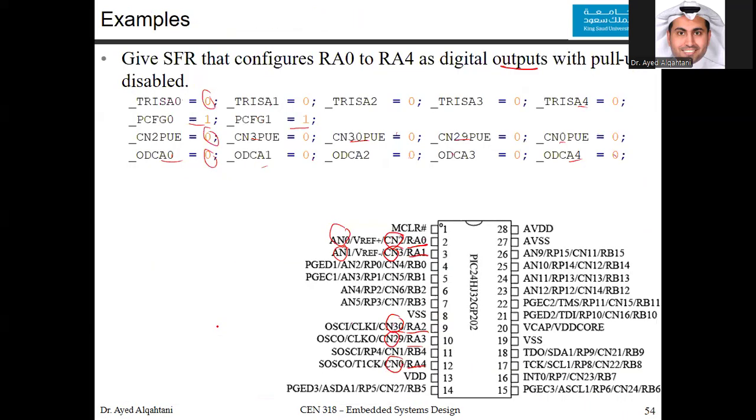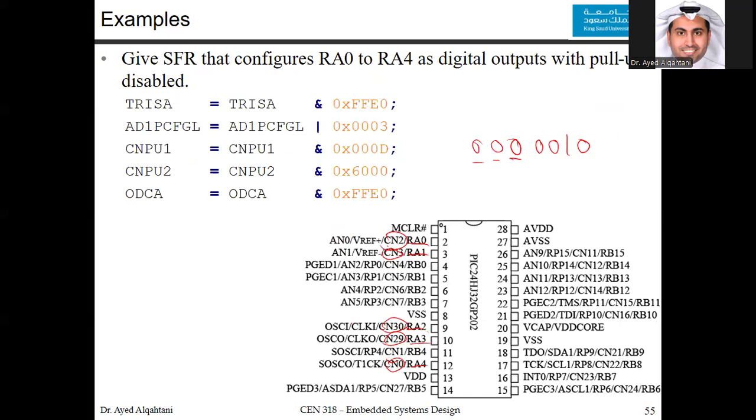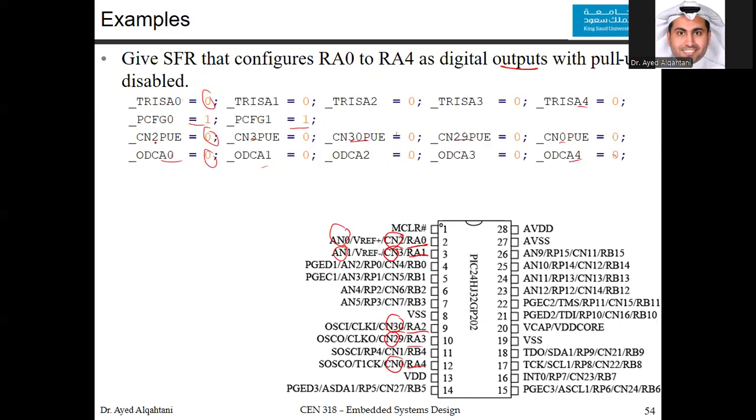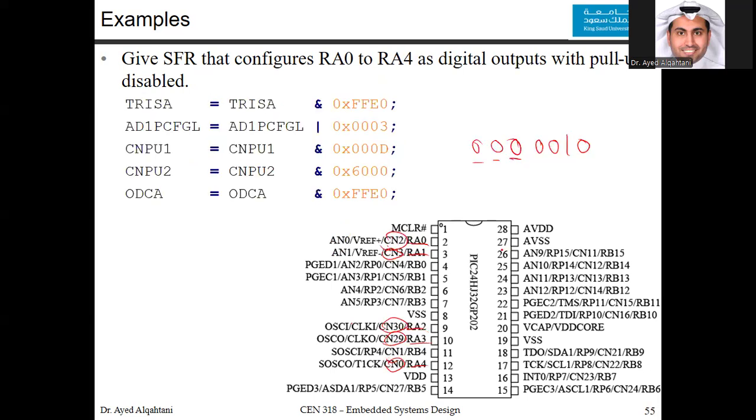So this way, just to match what we have here, the pull-up enable is equal to zeros, and others will be 1. So I need to make them 0. And here, I need to make it actually F, F, and F. This value here is 2, and this is F, and this is F, and this is F. Is that it?